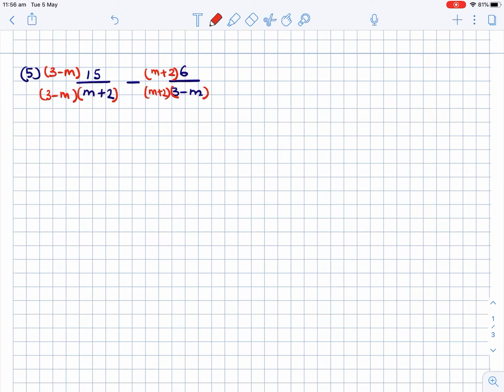Make sure you put the brackets around the algebraic expressions before you simplify it further. Now if we write with the same denominator, so we have 3 minus m and m plus 2. On the top we have 15 times 3 minus m and 6 times m plus 2.